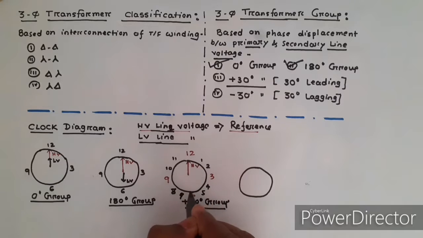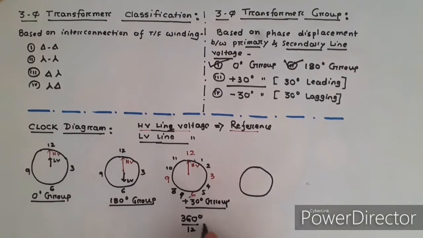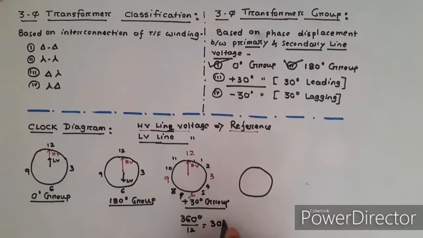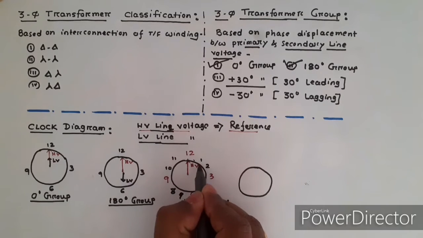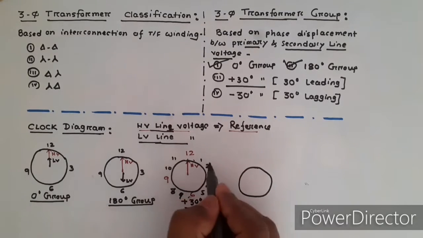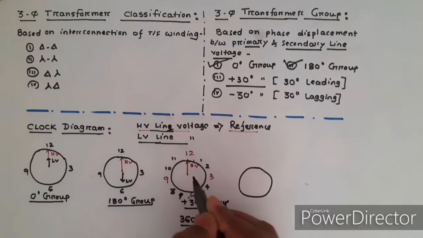This is 360 degree, and it is divided by 12, that is equal to 30 degree. That means from 12 o'clock to 1 o'clock it is 30 degree, from 1 o'clock to 2 o'clock 30 degree. Similarly, from 11 o'clock to 12 o'clock the angle is 30 degree.